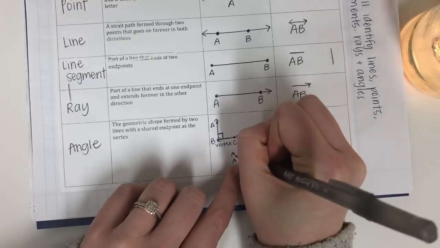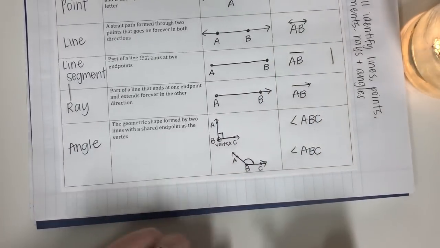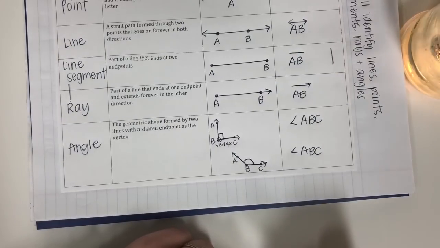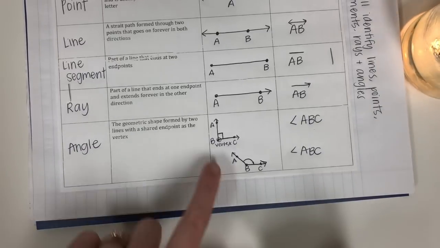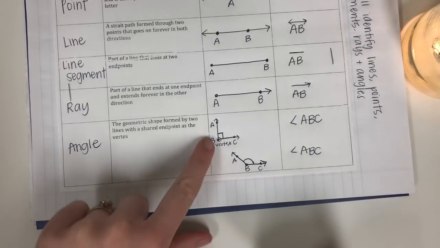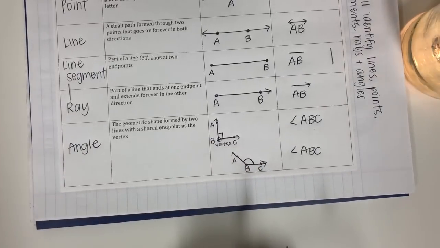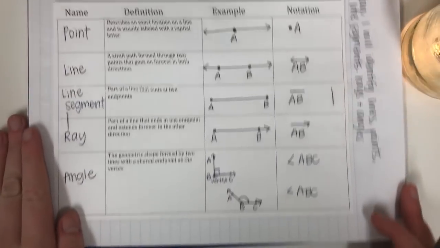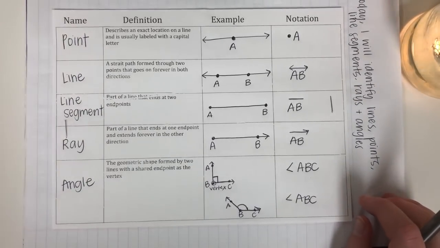But now this one is what we call an obtuse angle because it's bigger than a right angle. So an angle forms some sort of shape, and it has a shared endpoint as the vertex. The shared endpoint here is B for both angles. Okay, so now we're going to use this to practice identifying out of these 5.